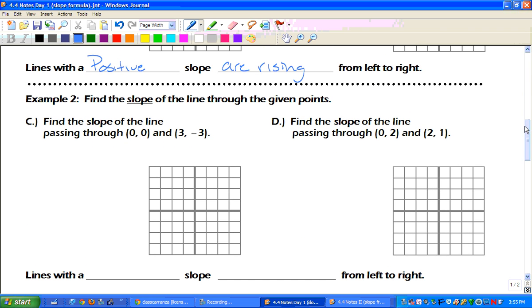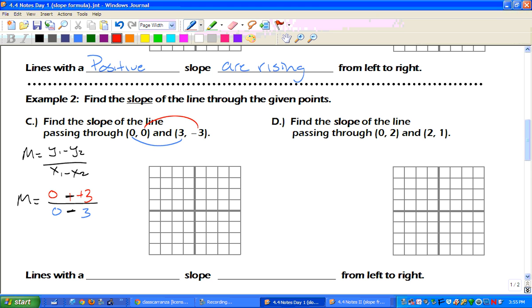Now, let's look at the other ones. We're doing the same thing, okay? Remember the formula, y1 minus y2 over x1 minus x2. So I'm going to just put the subtraction signs right there. 0 minus 3, 0, 3.